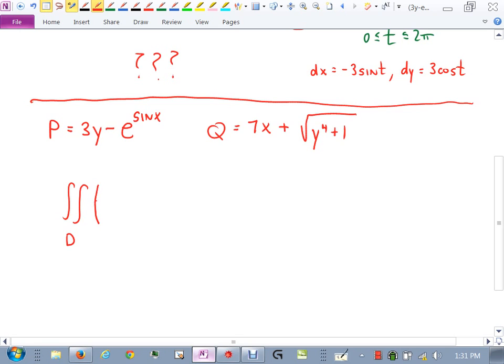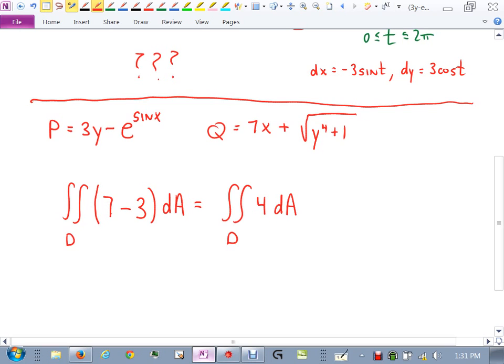What's the partial of Q with respect to x? 7, minus partial P with respect to y, 3, dA. So all we're doing is the double integral over D of 4 dA. That's all it's going to turn out to be, right?